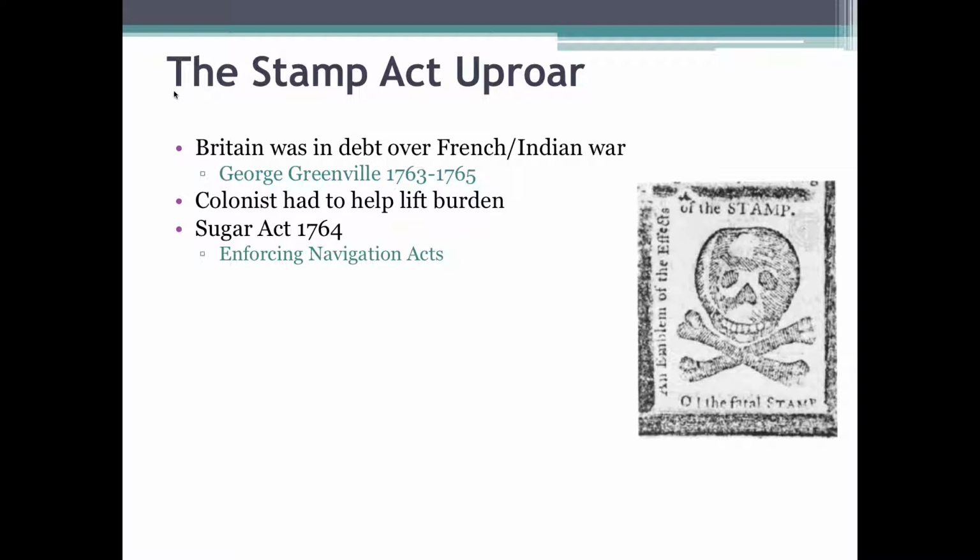Secretly, George Grenville hoped to raise at least 40,000, and I'm going to use the word dollars, even though it would actually be pounds. For us that might be confusing, so I'll say $40,000. He's hoping to at least raise $40,000 from this act, but he publicly is going to declare $100,000. He's hoping this is going to raise a lot of money to help pay for this war debt that they've incurred.